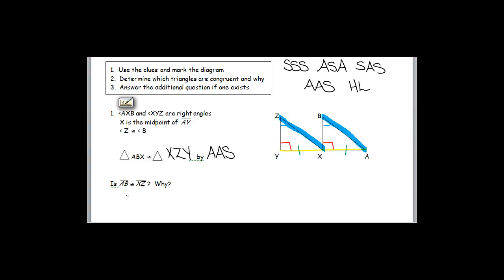So is the segment AB congruent to segment XZ? Yes. Now we can write this out: since congruent triangles, then corresponding parts are congruent.